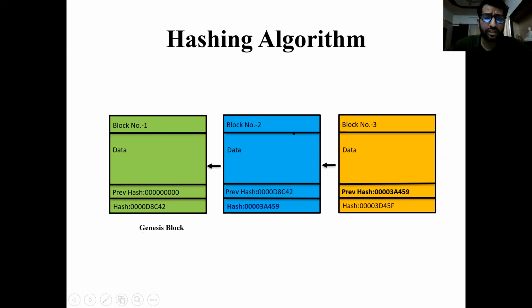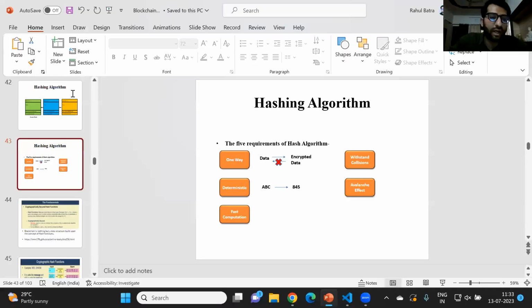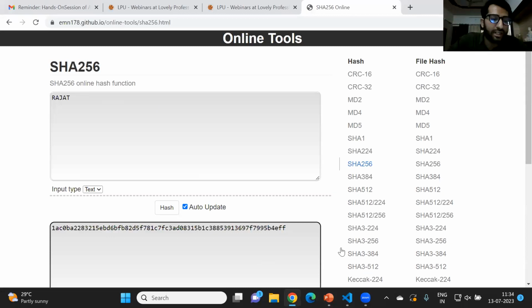Now, see the main requirements of a hashing algorithm, how this works. Basically, this hash algorithm is one way. One way means once you pass the data, you will get the encrypted code, but from that encrypted code, you will not get back the data. If I want to get this data with the help of this code, I cannot.